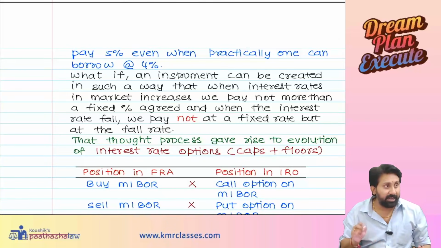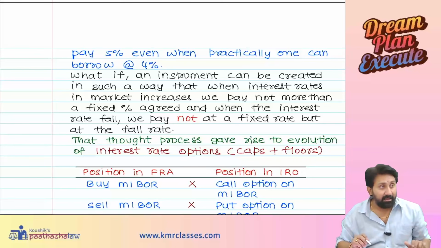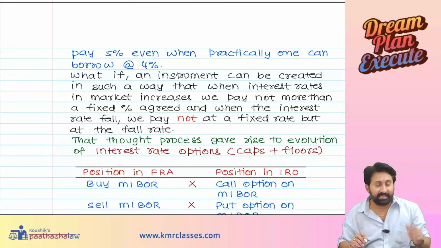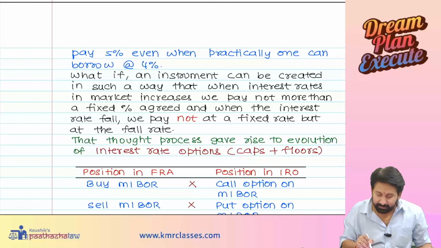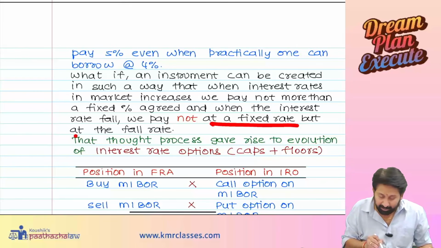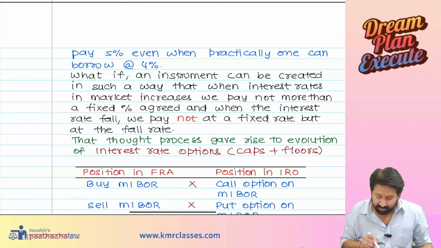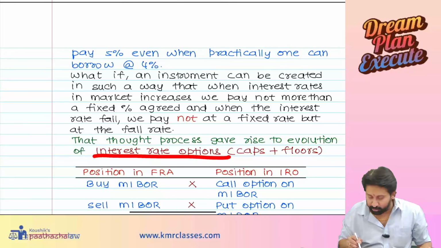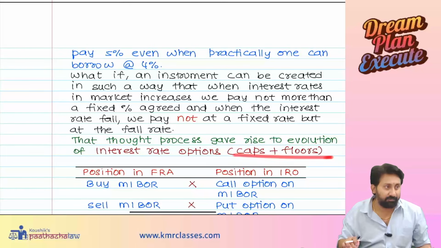What if an instrument can be created in such a way that when interest rates in the market increase, we pay not more than a fixed percentage agreed, and when the interest rate falls, we pay not the fixed rate, but the fallen rate? That thought process gave rise to the evolution of interest rate options called caps and floors.